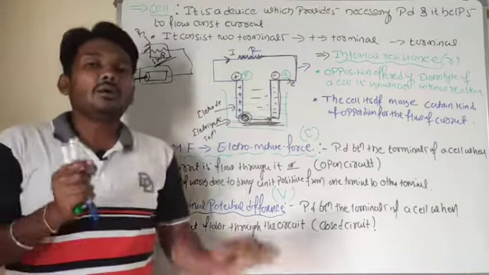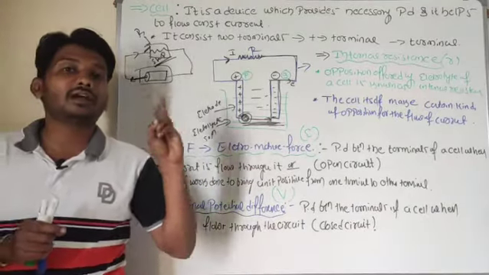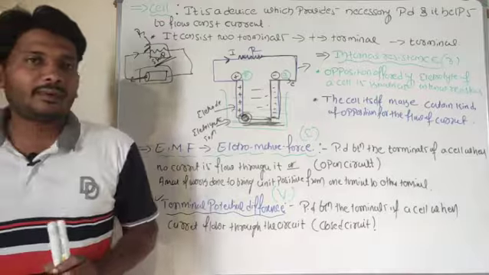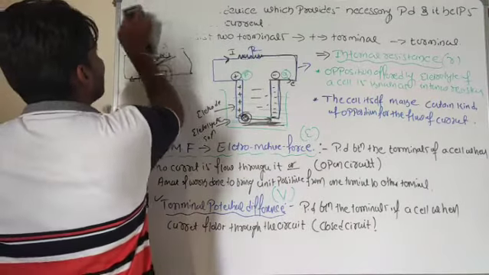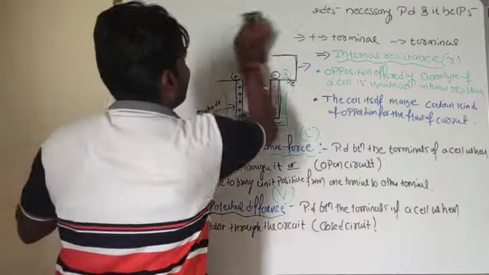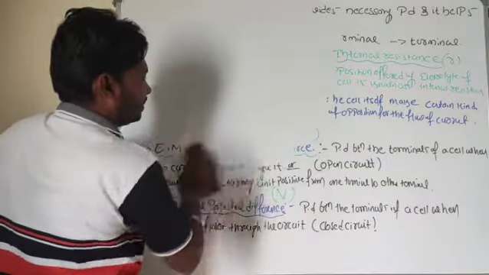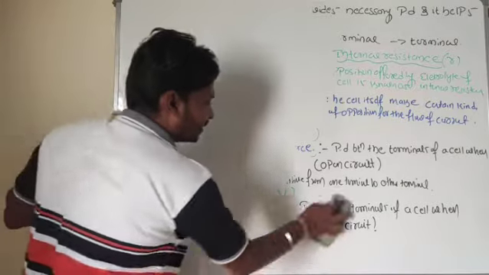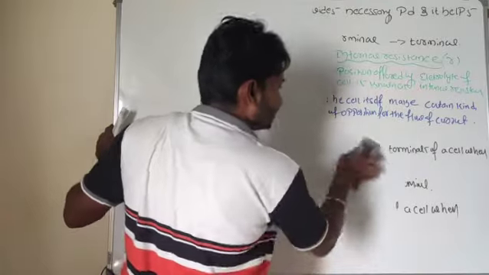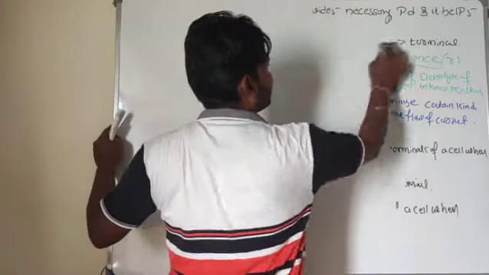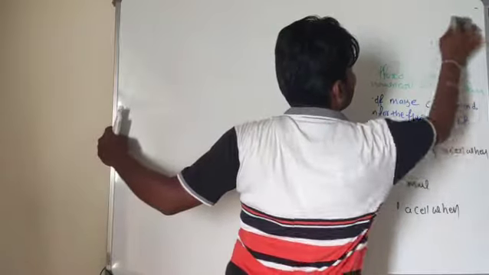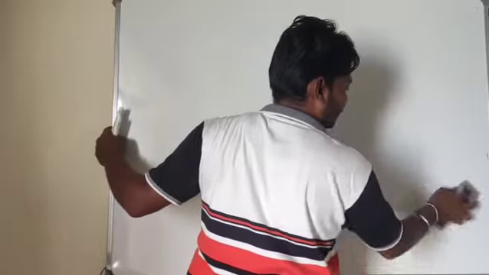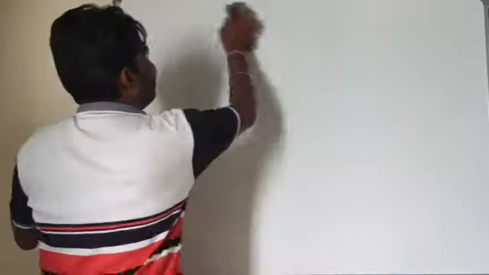Now we will understand the mathematical relation between EMF, terminal potential difference, external resistance and internal resistance. One more important term: the cell itself makes a certain kind of opposition for the flow of current, and that resistance we call internal resistance.